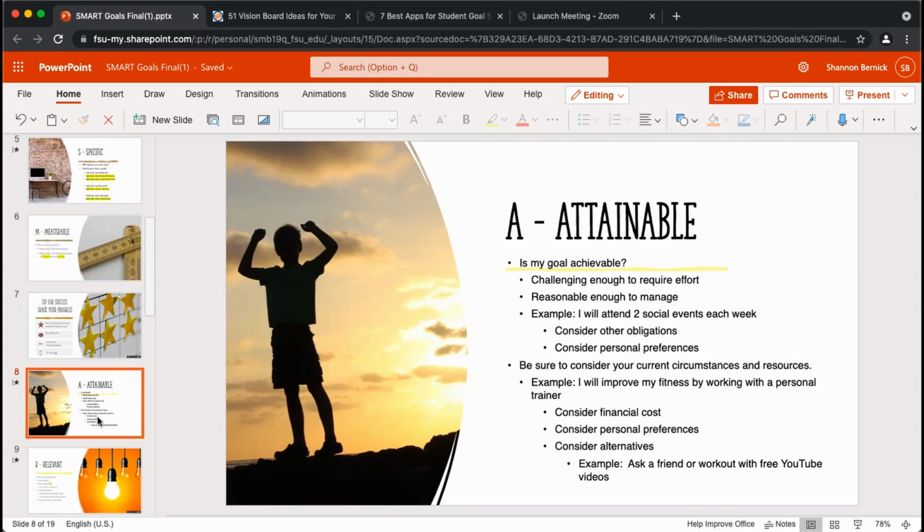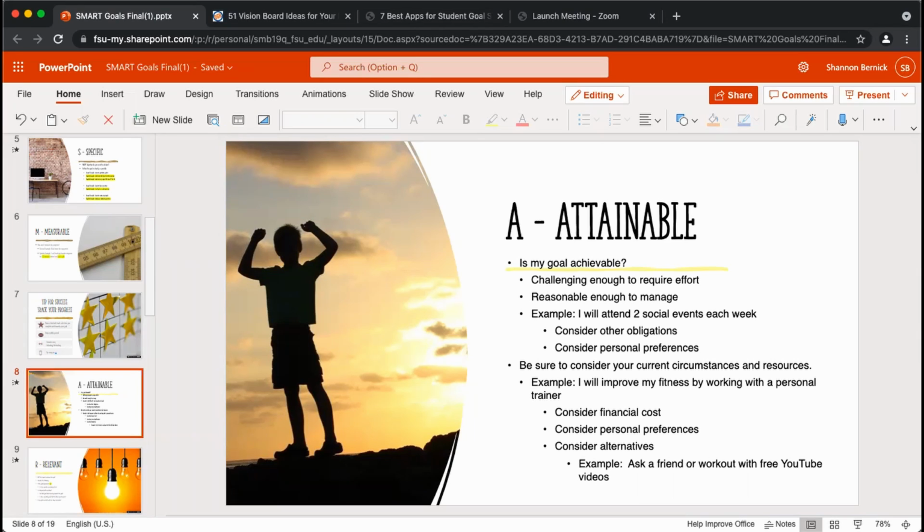If you're extroverted, those 2 or more events might be great for you each week. If you're introverted, you might want to consider reducing that to 2 social events each month, or perhaps 1 social event every 2 weeks. That way, you're still getting the benefits of that social interaction that we all need, but you're keeping it within a range that you can manage based upon your personal preferences.